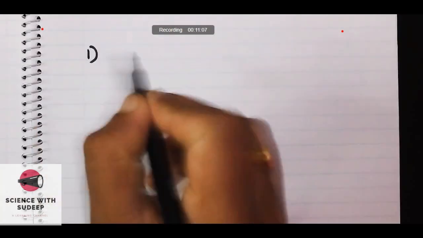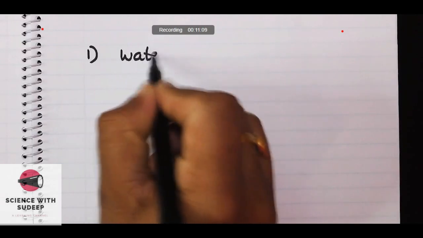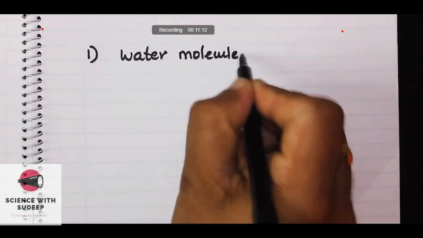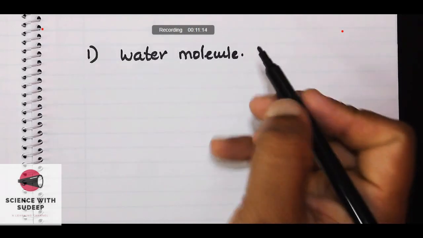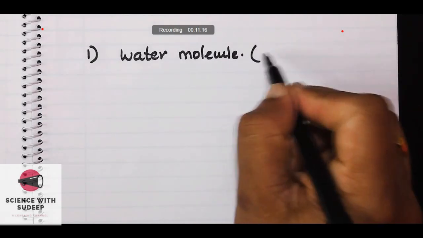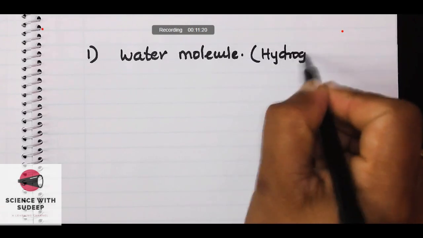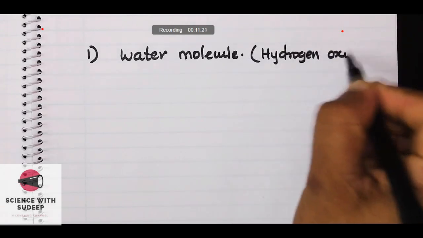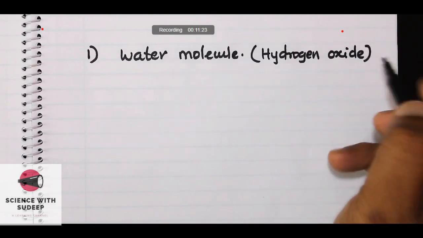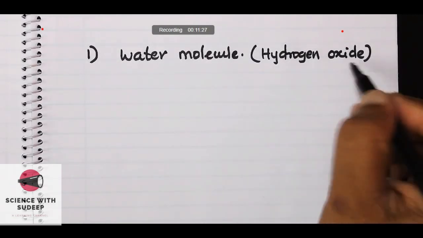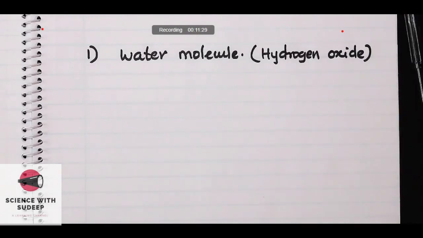Water molecule. Let's see how to write the chemical formula. Its scientific name is hydrogen oxide. In the water molecule, the name ends with -ide.